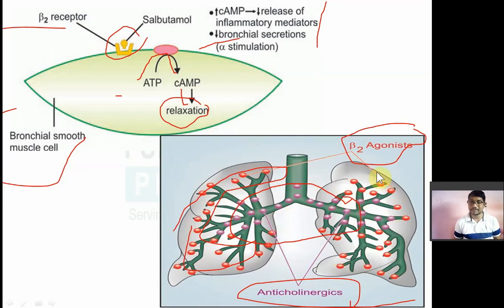Remember: beta-2 agonists like salbutamol, terbutaline, formoterol, bambuterol act on smaller airways, terminal bronchi. And anticholinergics act on larger airways, meaning the main bronchi.